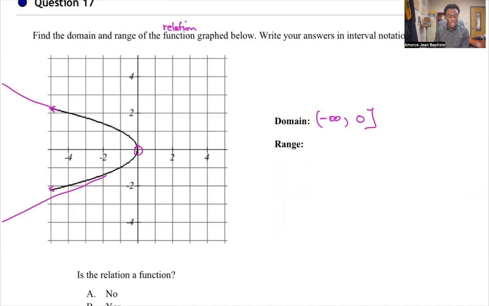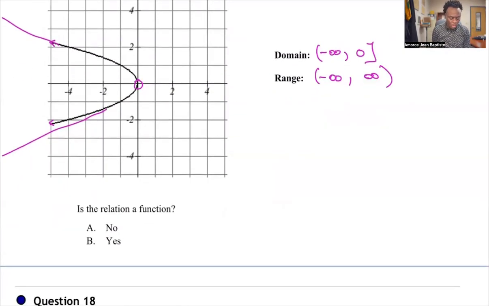What I see is that it covers the entire y-axis, because it continues to go down, which means it goes to negative infinity, and it continues to go up. It's positive infinity.